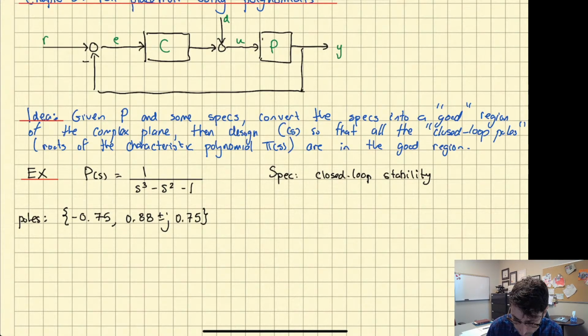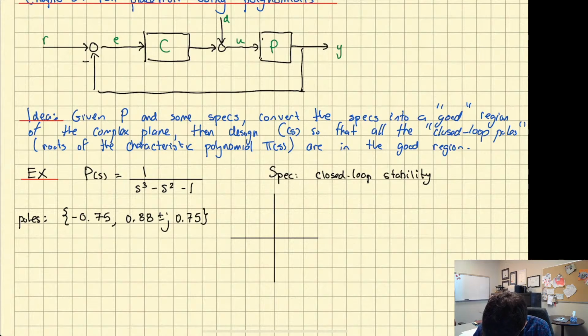You've got to do something. There's one pole at negative 0.75, but then you've got these guys over here, 0.88 and 0.75.